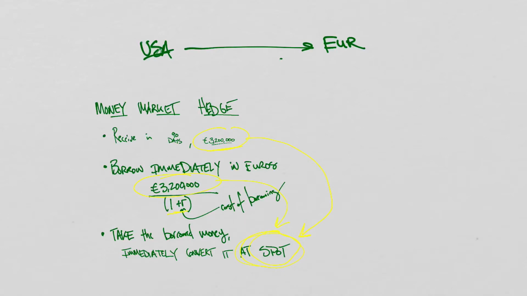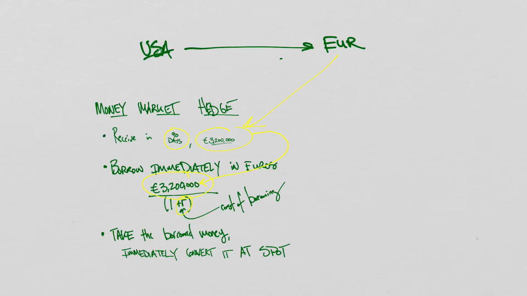So they know exactly how much that amount is going to be in US dollars. And the reason that this money market hedge works is that now they know that they're going to receive the 3.2 million euros from the buyer in 90 days, and when that day comes, they're going to take that amount and immediately pay off their existing 3.2 million euro loan, plus the interest.